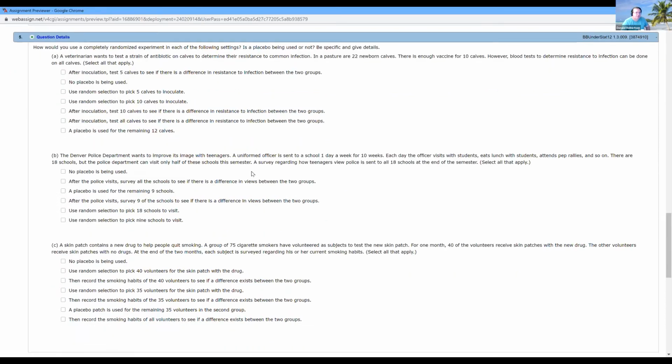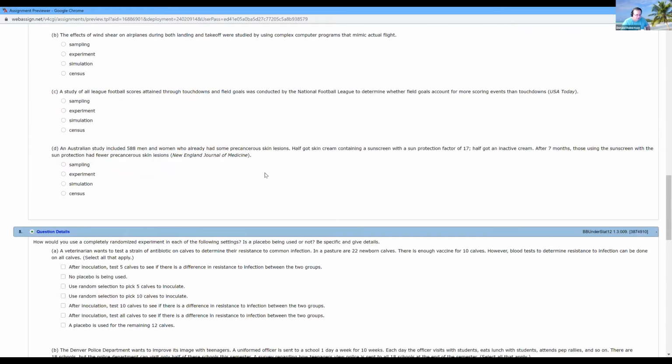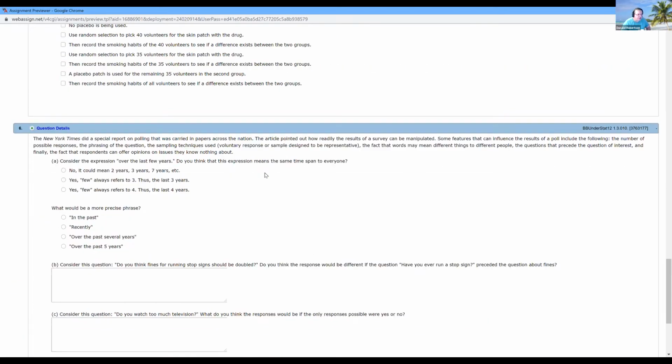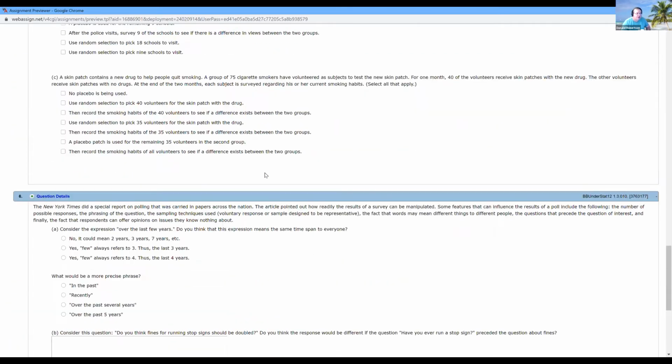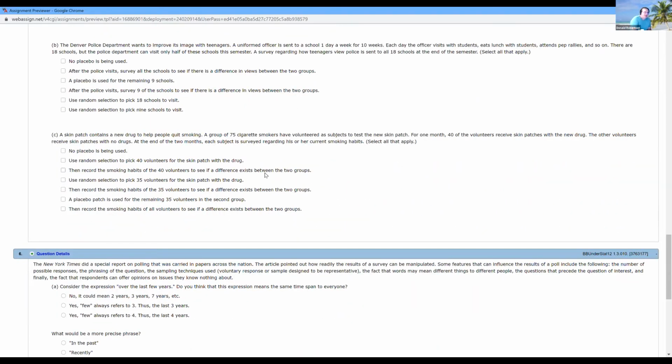All right. I'm trying to think of a good story here. I want to do a placebo one, but we don't have too many choices, and I'm kind of using up all the good ones. Okay, let's pick this one. B. The Denver Police Department wants to improve its image with teenagers, so a uniformed officer is sent to a school 1 day a week for 10 weeks.